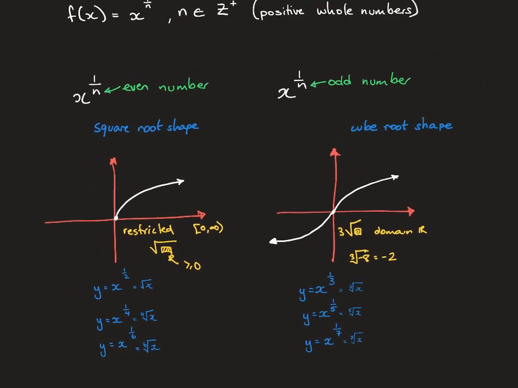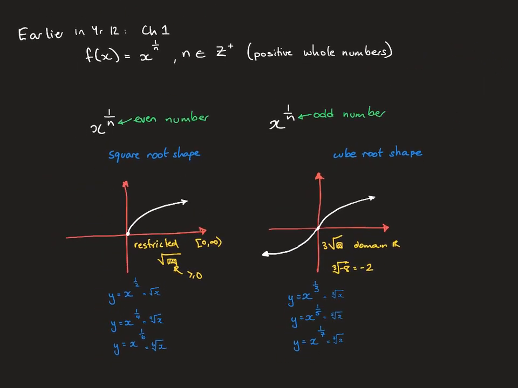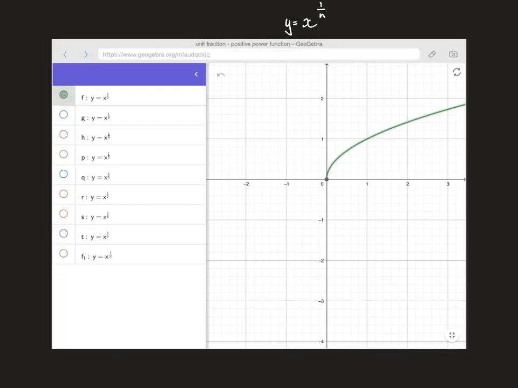So again, we're going to look at what happens to the shape of these graphs as our n value approaches infinity, as our n value gets larger. So let's have a look at the patterns for y is equal to x to the power of 1 on n. So let's look first of all at even numbers for the denominator.